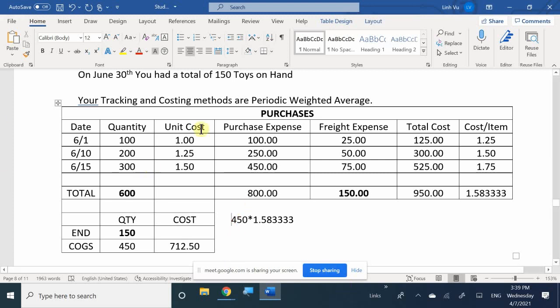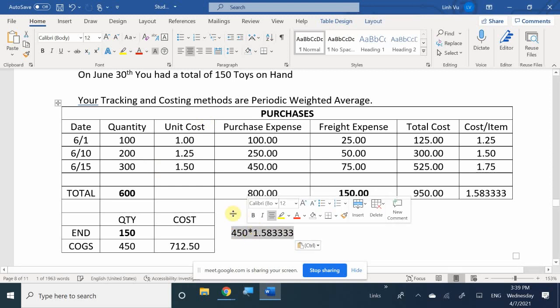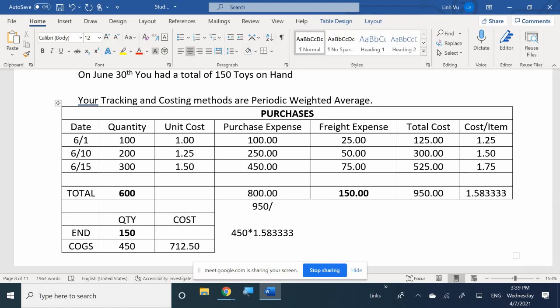Okay. Right? Because we're taking the weighted average. We don't care about what came first or what came last. So 950 divided by 600 should give you 1.583333.